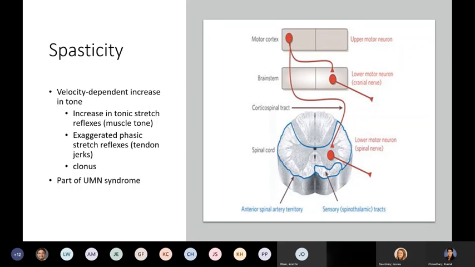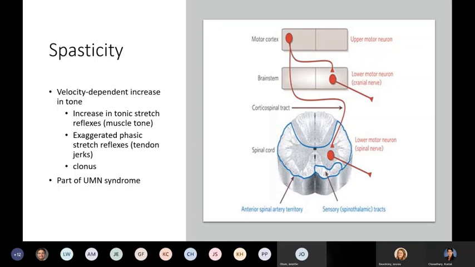So as hopefully you all know at this point, spasticity is defined as velocity dependent increase in tone, and that can include increase in tonic stretch reflexes, exaggerated phasic stretch reflexes or tendon jerks, and clonus.